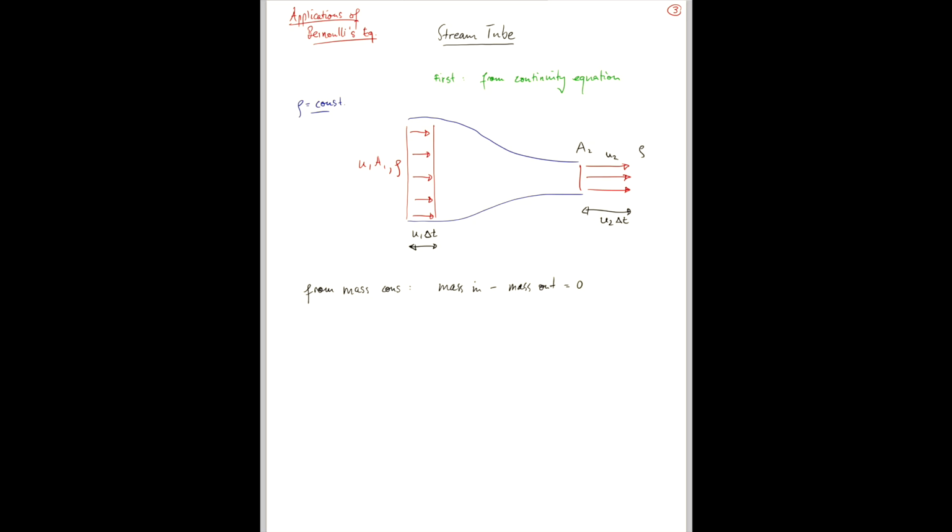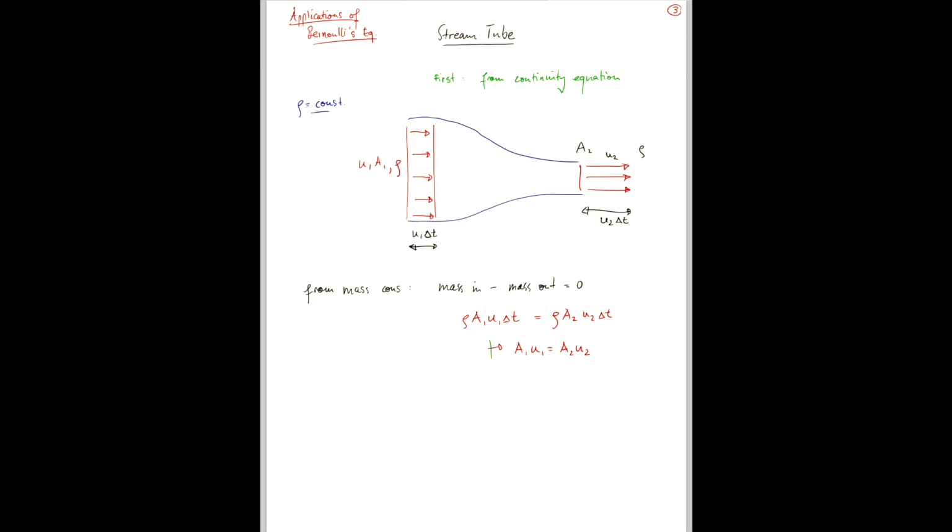So what is the flux in over a time delta t? Well, it's the density times the area times the distance u1 delta t. And that has to be equal to rho a2 u2 delta t. So rho and delta t cancel, and we have a1 u1 is a2 u2, very straightforwardly.